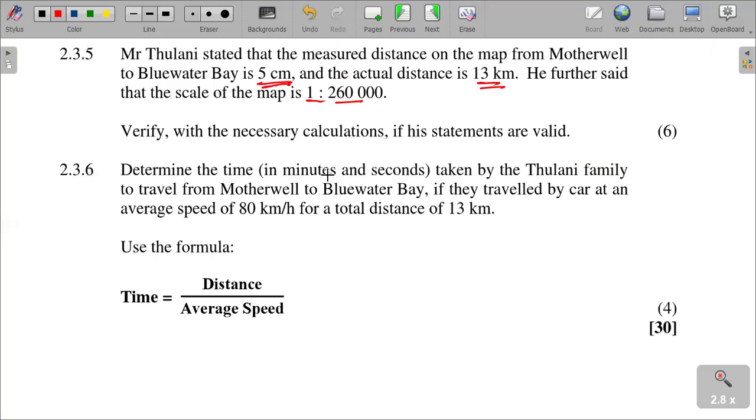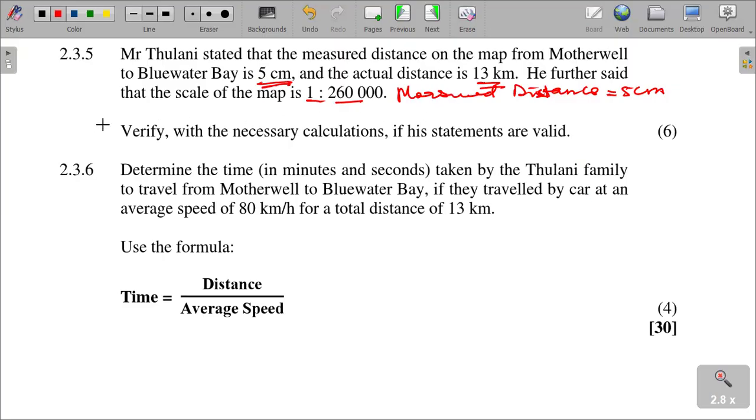In this case, what is the measured distance? Measured distance is equal to 5 centimeters, as to the actual distance of 13 kilometers.